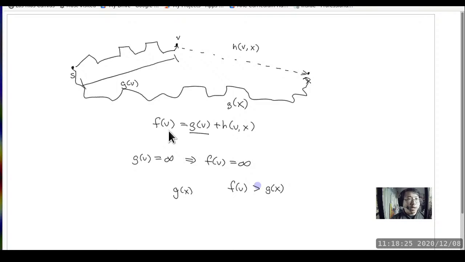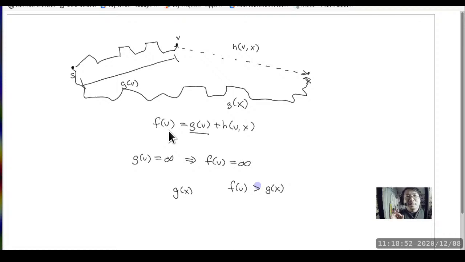Let me say that one more time. F of v is greater than g of x means that v cannot be a midway point on a shortest path from vertex s to vertex x. Which is a really long way of saying v is not on a shortest path.